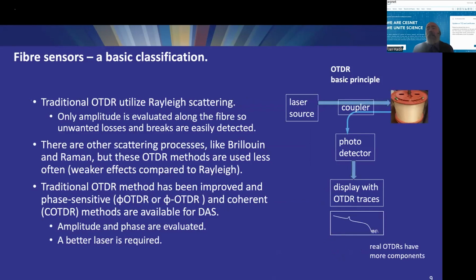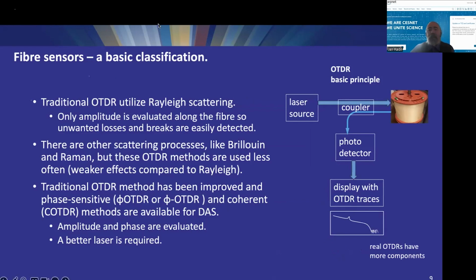This is just the basic principle of OTDR, utilizing something which we call Rayleigh scattering. So we have a laser source, this light is injected into the fiber, and what is coming out of the fiber is then fed to a photodetector, and then with some electronics, we have OTDR traces. Of course, real OTDRs have many more components.